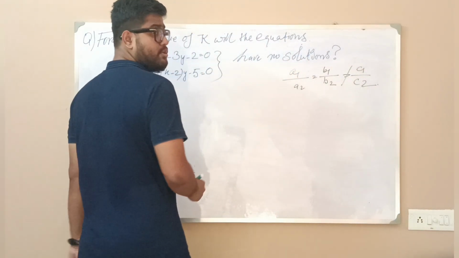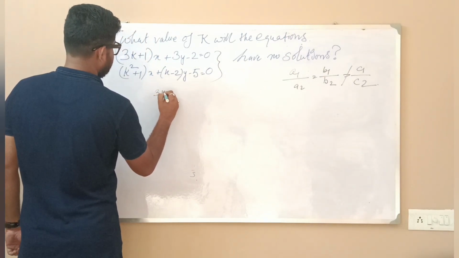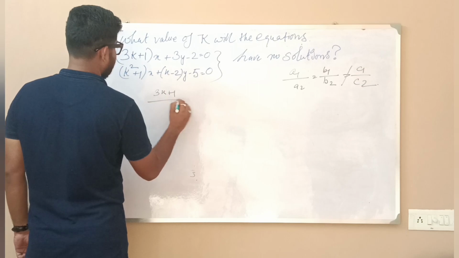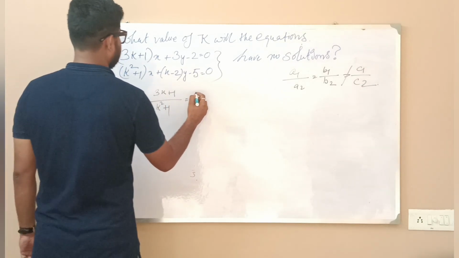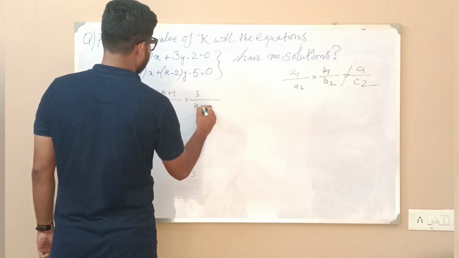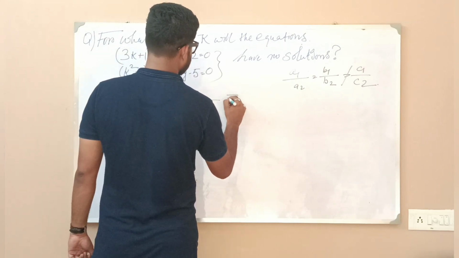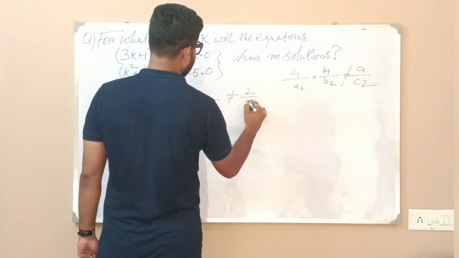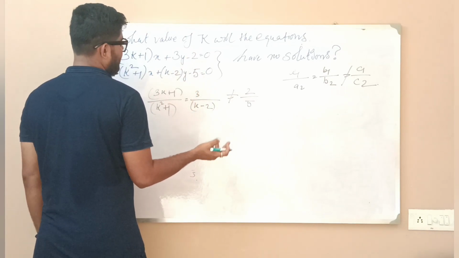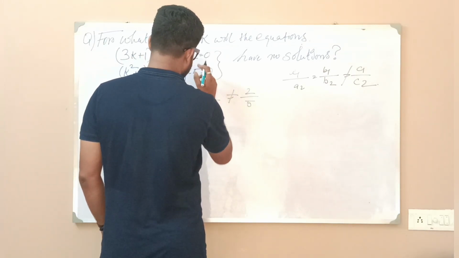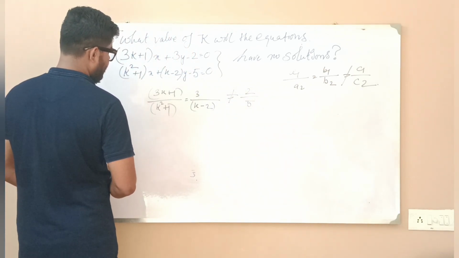So for this we have to write 3k plus 1 by k square plus 1 equals 3 by k minus 2, not equals 2 by 5. One thing, I am not taking the negative signs, as negative will give you positive. So we have to find the value of k from here.